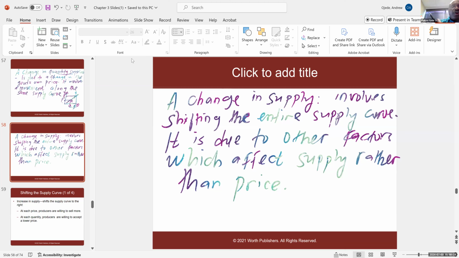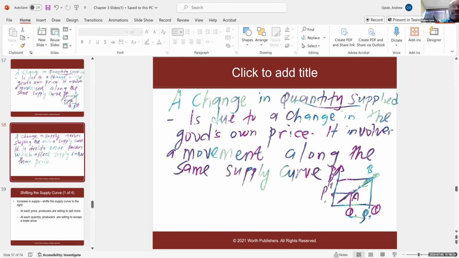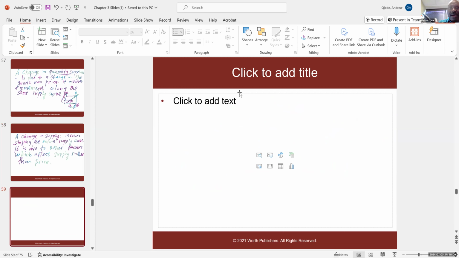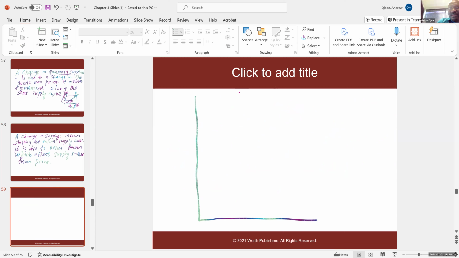So I can draw these two concepts on one graph, just like we did for demand, to illustrate the difference. Say this is my initial supply curve, this is quantity, this is price. We can call it S1.